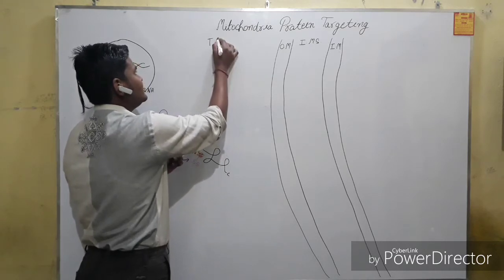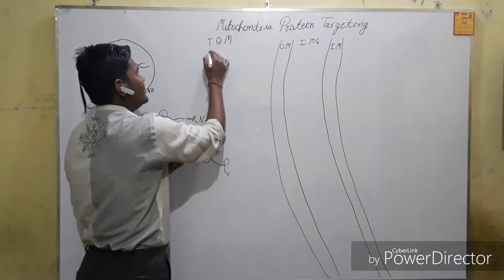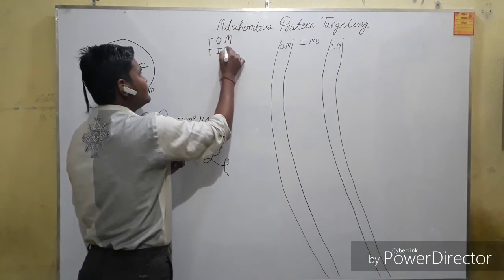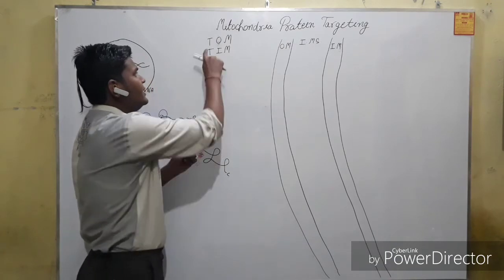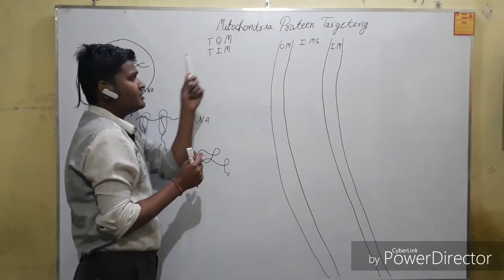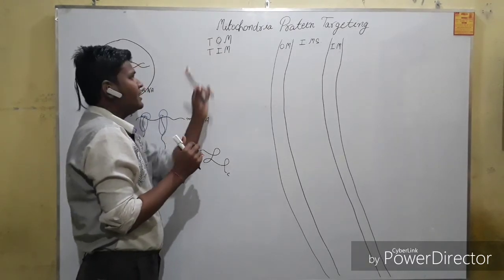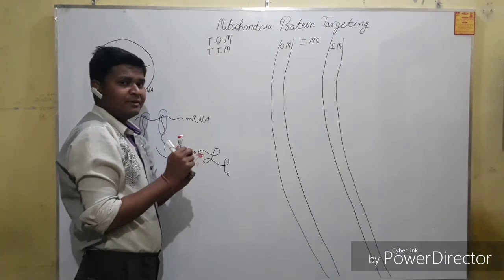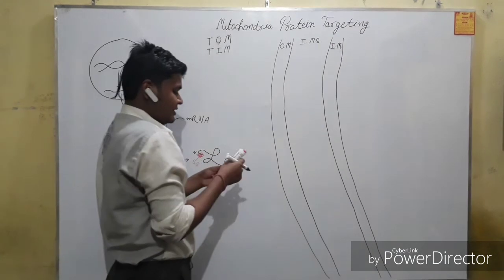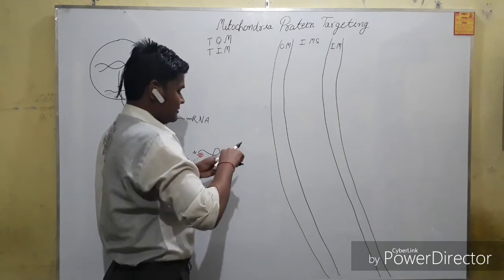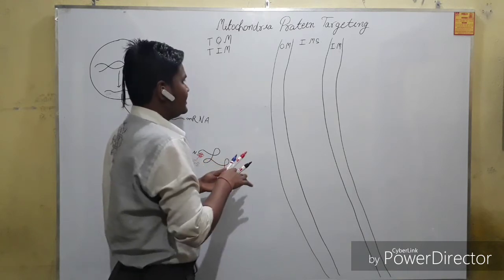One is TOM and the second one is TIM. TOM means translocon of the outer membrane and TIM means translocon of the inner membrane. Now we draw the translocon of the outer membrane and the translocon of the inner membrane.